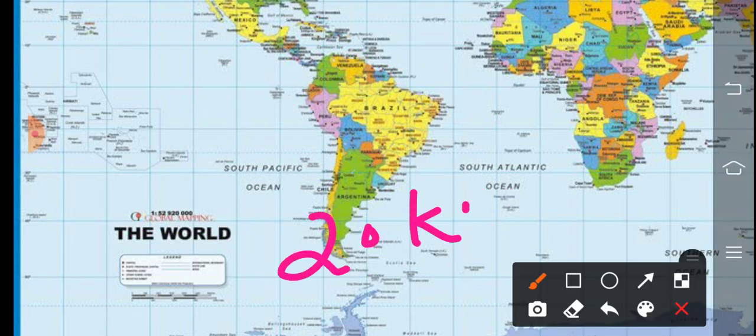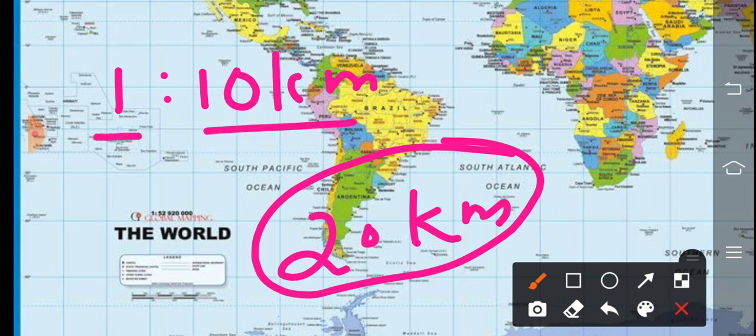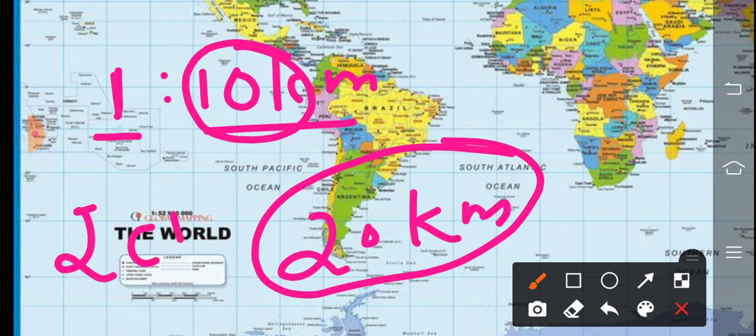Here the actual distance between your home and school is 20 kilometers. We are taking the scale as 1 centimeter for 10 kilometers. So 1 centimeter represents 10 kilometers on the actual ground. For representing 20 kilometers you need 2 centimeters, isn't it? So that is what is called scale.